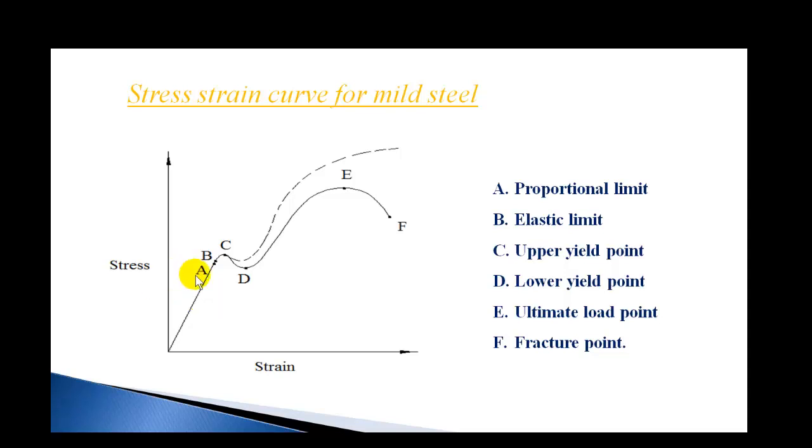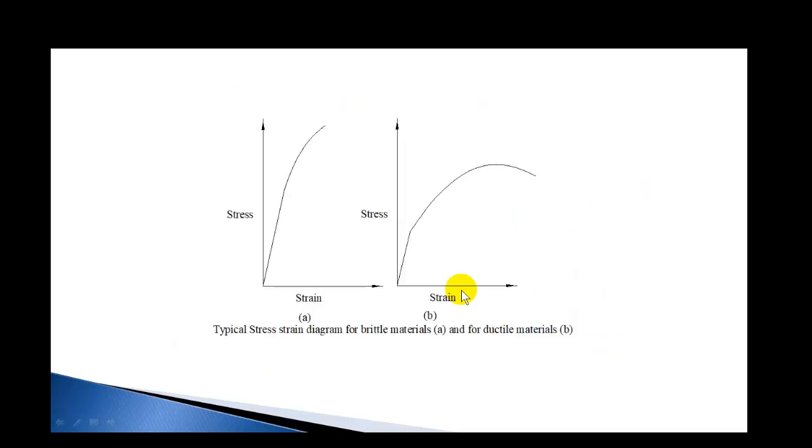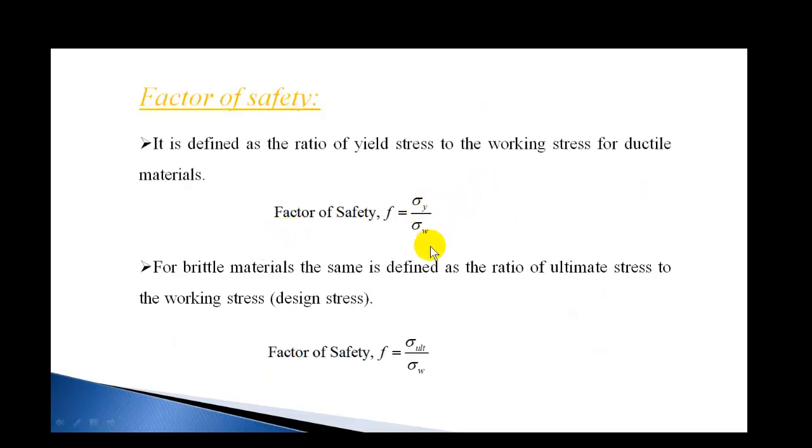This 100 megapascal is known as design stress or working stress. Yield stress divided by working stress is known as the factor of safety. So 200 divided by 100 gives a factor of safety of 2. You are reducing the stress by 2 times and reducing the risk of failure.